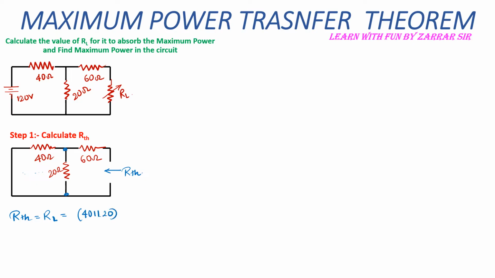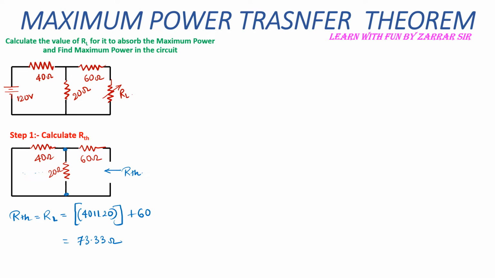This is the parallel combination. Then you have to add 60 ohm because 60 is in series. So you'll get RTH or RL as 73.33 ohms. So this is RTH and RL.